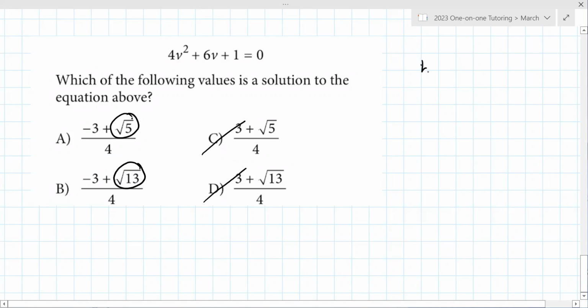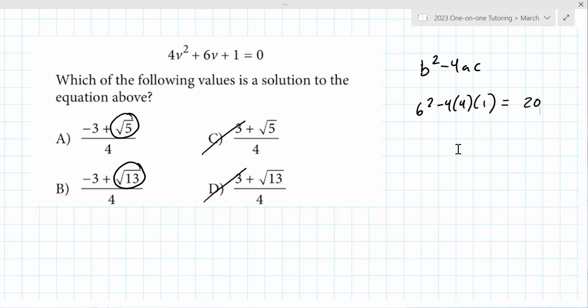This time it's B squared minus 4AC, 6 squared minus 4 times 4 times 1. And this ends up being 20, which is neither of these numbers. You agree with that? Yeah. Wait, you just said all I got to do is figure out what's the same, what's different. Well, it works, it just doesn't always work. They're not going to write questions where you can just do that on every question. Sometimes you have to do a little bit of math here.